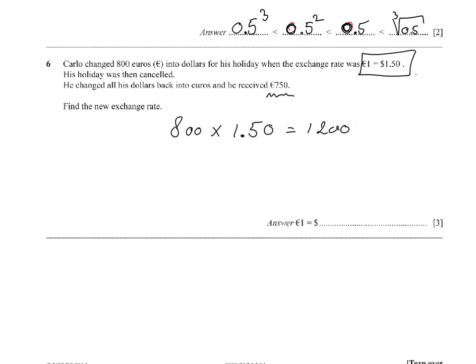But then his holiday got cancelled, and he wants his euros back, and he got 750. So if I divide 1,200 by 750, and I'm going to check that in my calculator, 1,200 divided by 750 equals 8/5.